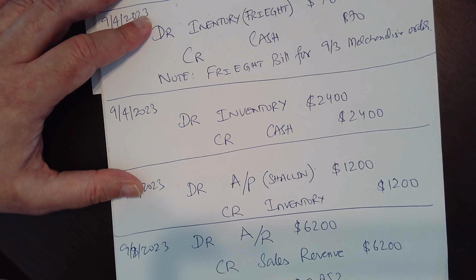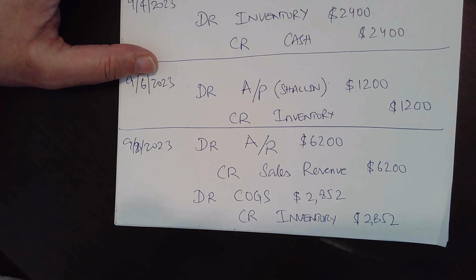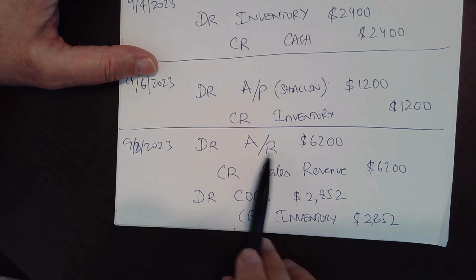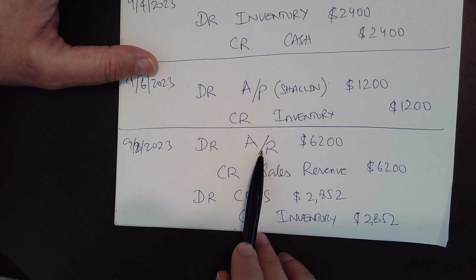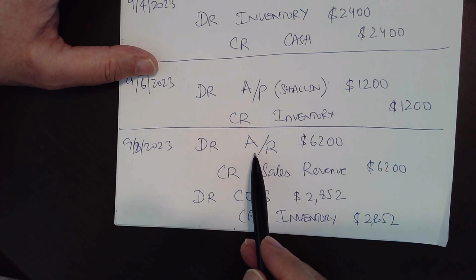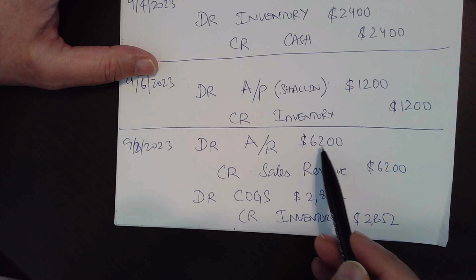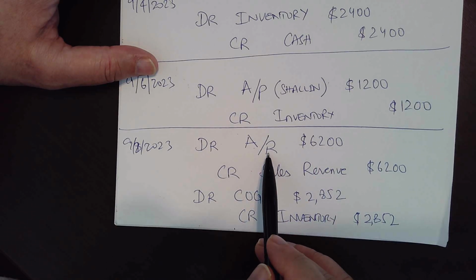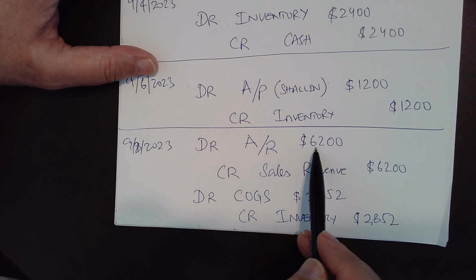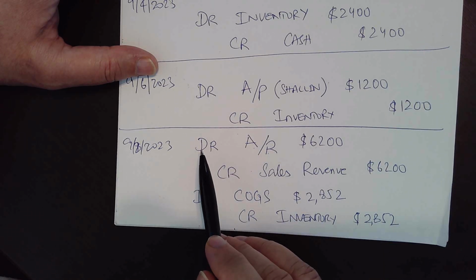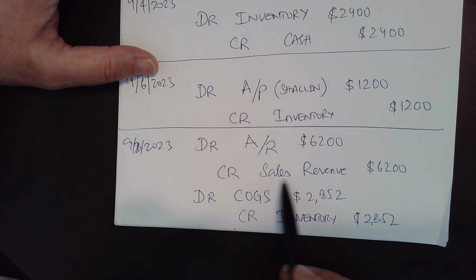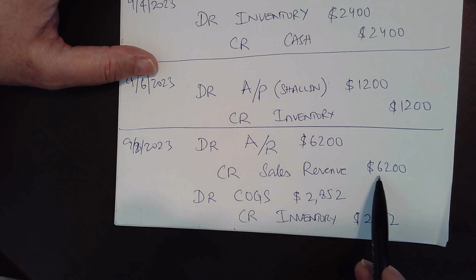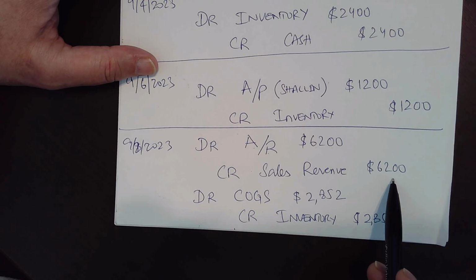So what does this mean? When we sell something, whether on account or for cash, if we had sold it for cash, I would put cash here instead of accounts receivable. But accounts receivable indicates that we are selling on account and the customer will pay us in the near future. Once we send the merchandise to them, we can record a sale: our sales revenue from this sale is $6,200.